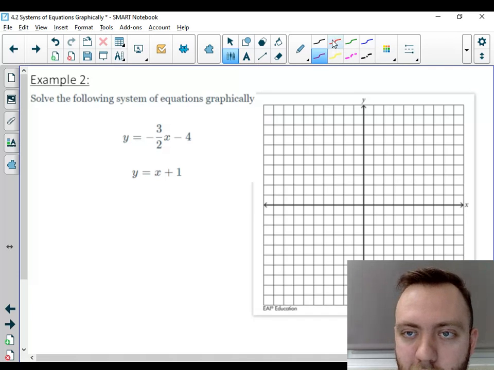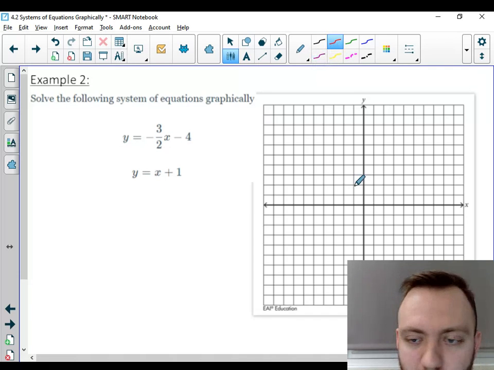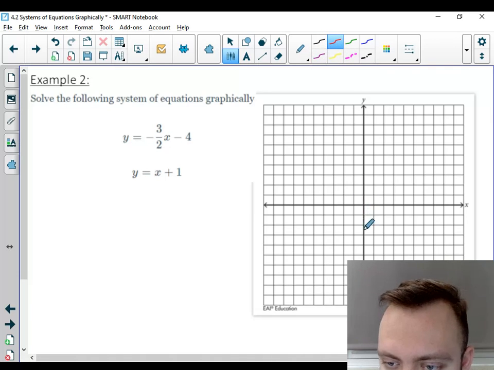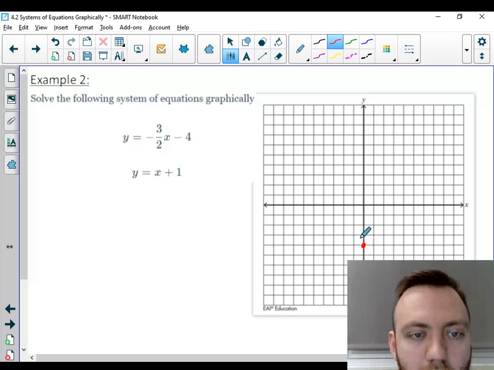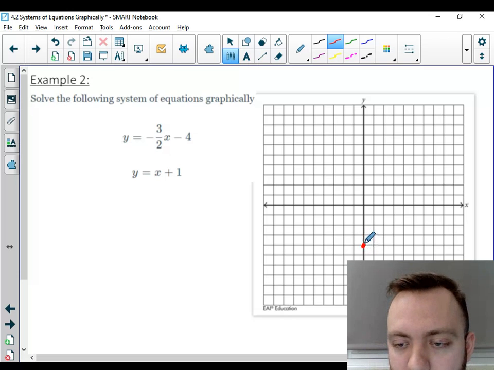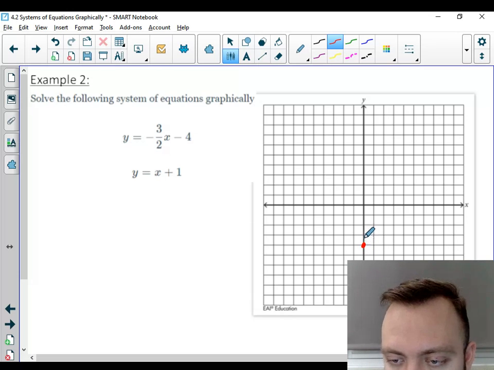Here, same thing. I'm going to graph this one first. We have negative 4 as our y-intercept, 1, 2, 3, 4. And then we have a slope of negative 3/2. Rise over run means we go up 1, 2, 3 over 1, 2.